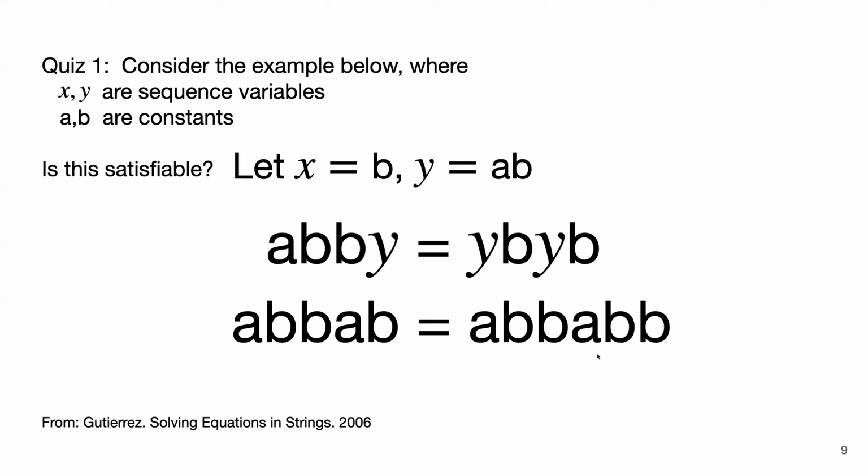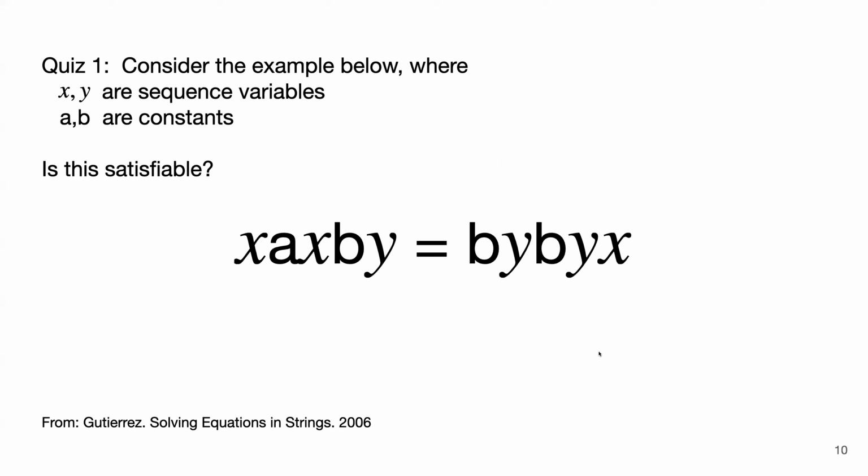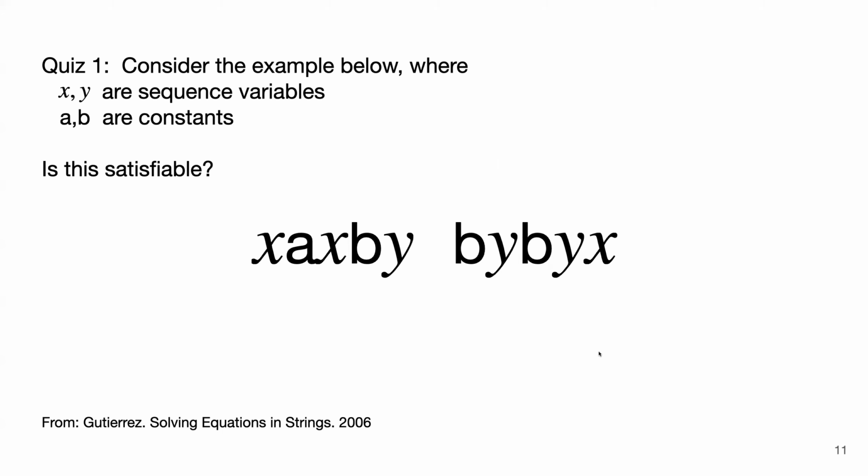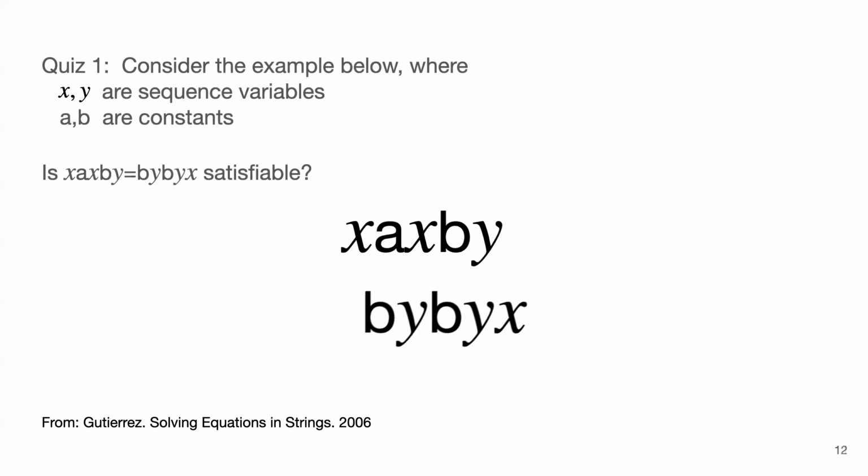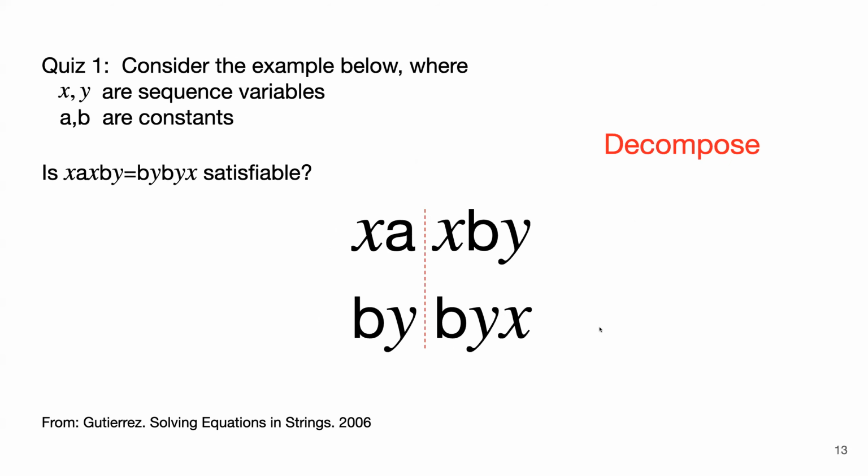We could keep going on and try to discover more substitutions, but that is hard work. So we need a better way to find inferences and proceed accordingly. Why don't we put them side by side and observe that the lengths of xby and byx will have to be the same for any solution of this equation?